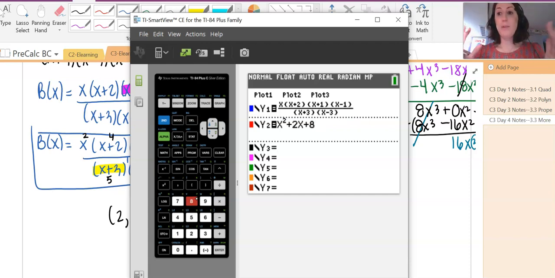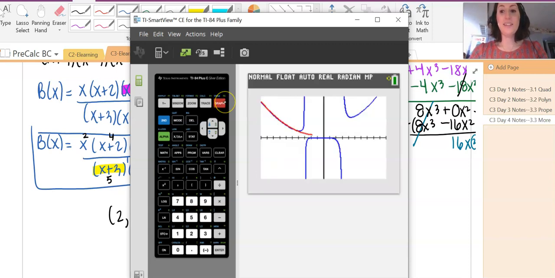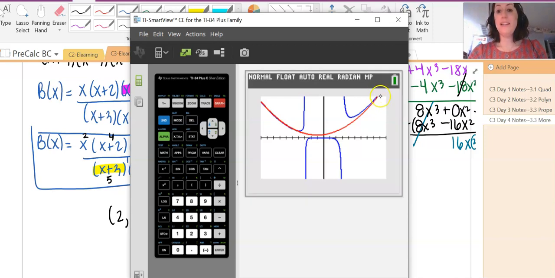It's showing where the end behavior ends up. And check this out. Look at that, okay? That red parabola, our asymptote, is telling our blue curve what to do as x approaches infinity and as x approaches negative infinity.